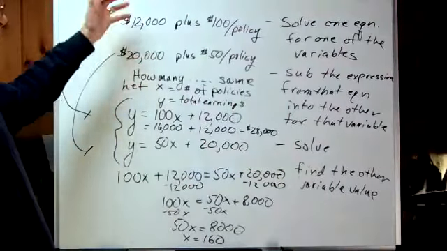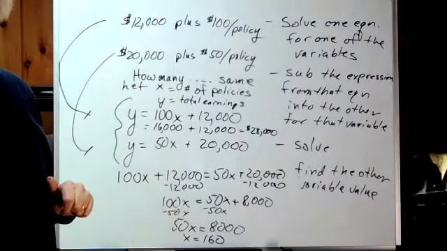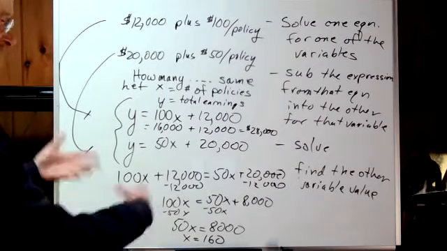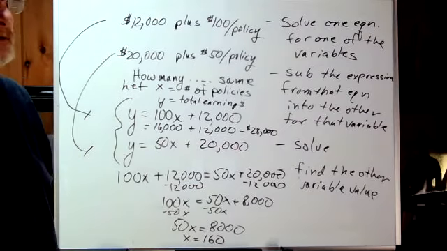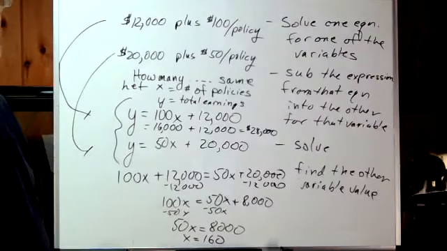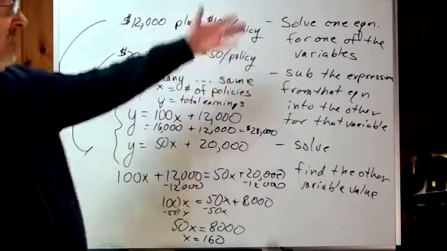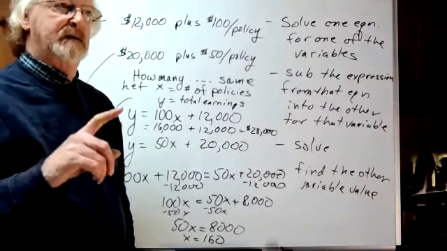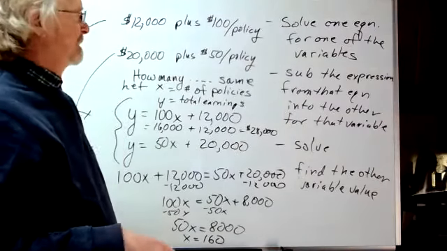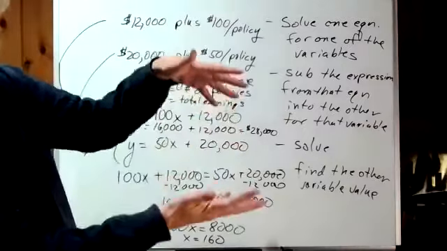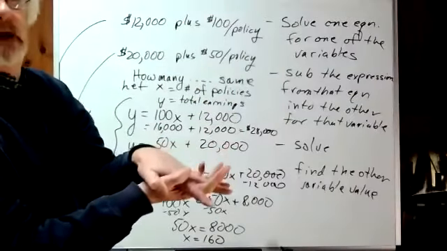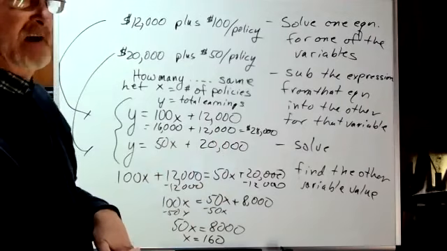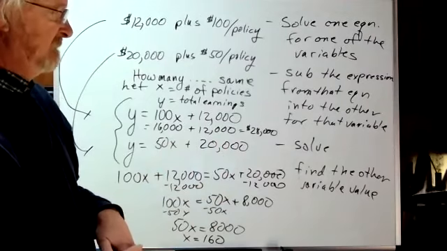Here's another example where I got mx plus b type equations. So that's our substitution method, all of the steps. Tomorrow we look at the last technique where we're going to add the two equations together and make one of the variables go away. Eliminate one of the variables. So that's 5.3. And we'll get through that tomorrow.